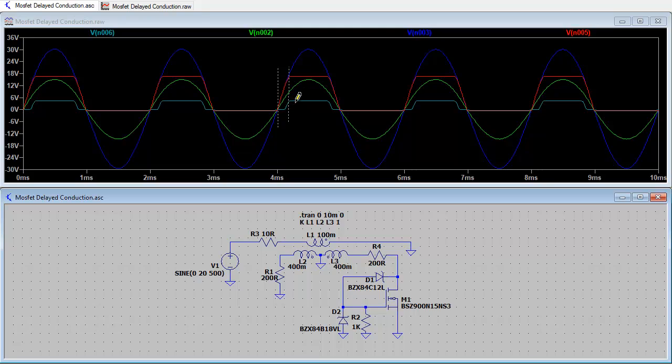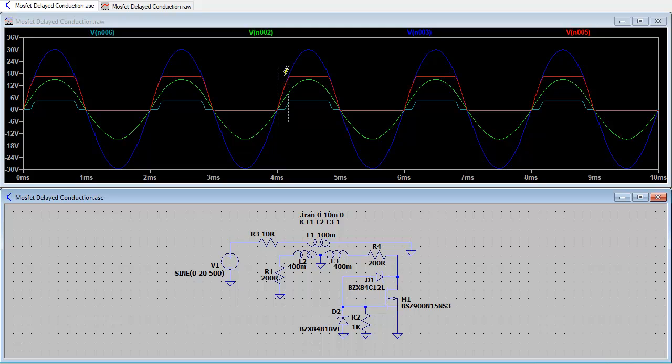So this angle here is the turn on time of the Zener diode. This here is where this particular trace turns on. The breakover voltage, so the gate of the MOSFET reaches, it's only 4 volts or 5 volts maybe. So it's a bit hard to say for sure that the MOSFET is definitely turning on. I would have expected a slightly different wave here. But anyway, you get the idea.